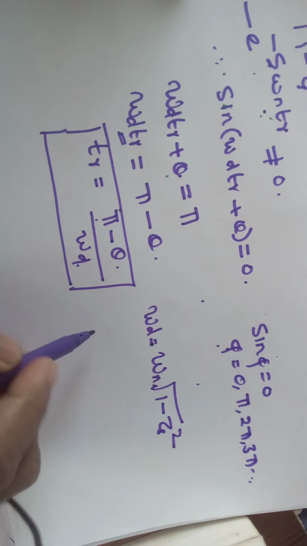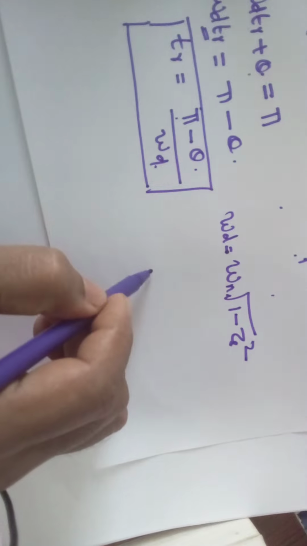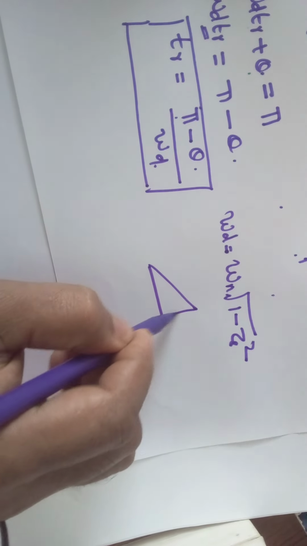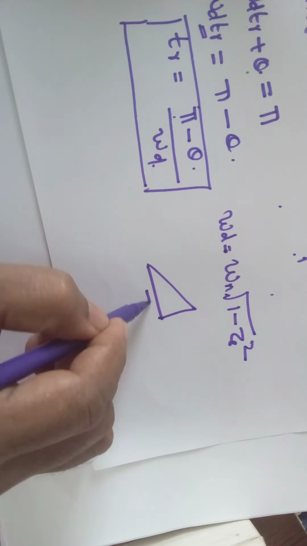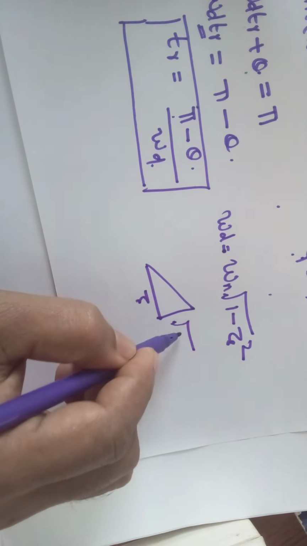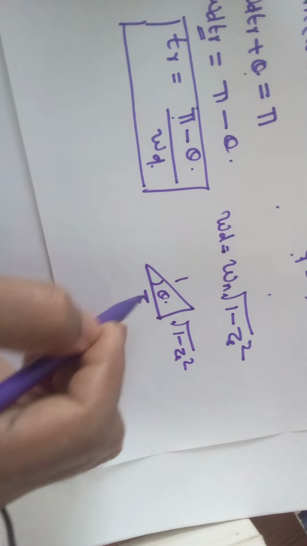Understood? Already we have constructed a right angle triangle with zeta and square root of 1 minus zeta square as two sides. This one is zeta, this is square root of 1 minus zeta square, and this angle is theta, so the hypotenuse will be equal to 1.